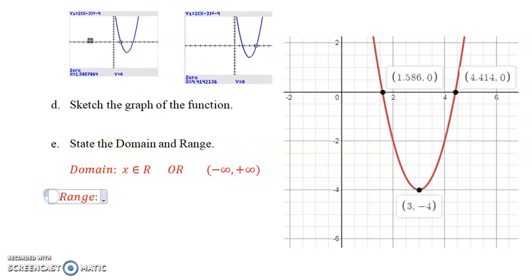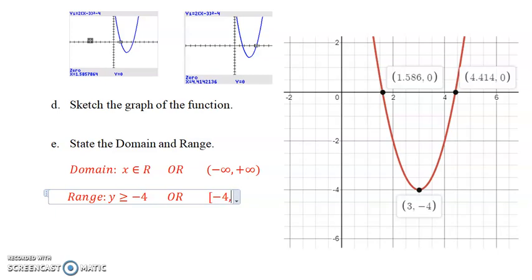The range is the y values, right? So here, the lowest y value is -4, and it goes up. So we show that by saying y needs to be greater than or equal to -4, okay? Or, and we assume real numbers, we use it for the domain. Or we can say that square bracket -4.